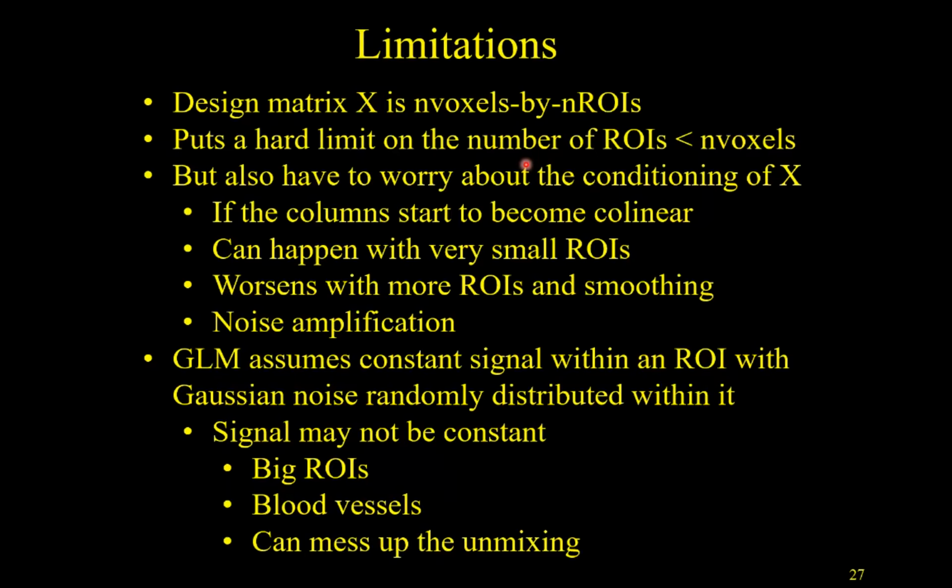Or at least you're not getting the type of noise reduction that you would normally get with averaging in the GLM. So these columns are going to start to become collinear when you get to smaller and smaller ROIs. And that's going to happen with these cortical ROIs because they'll become very, very thin.